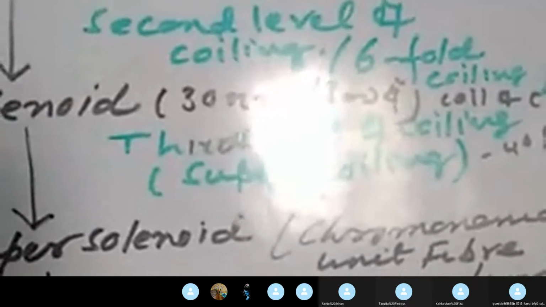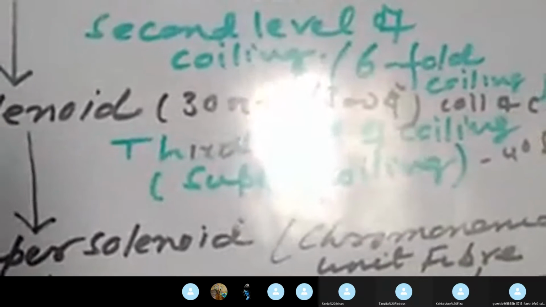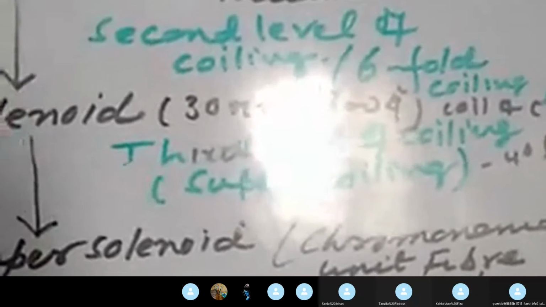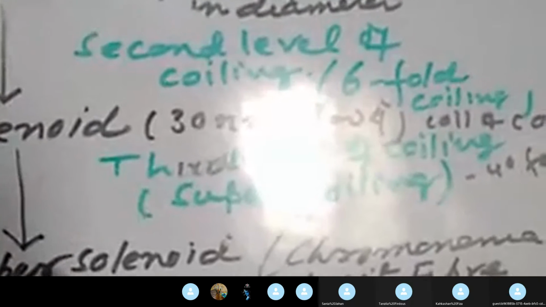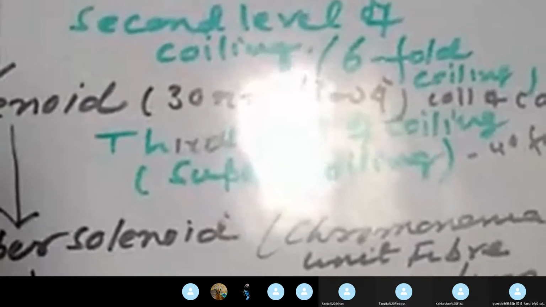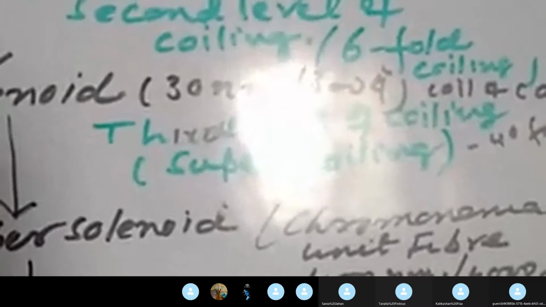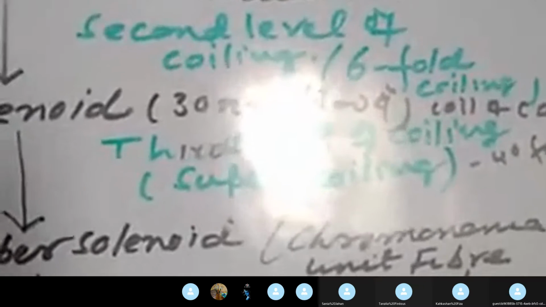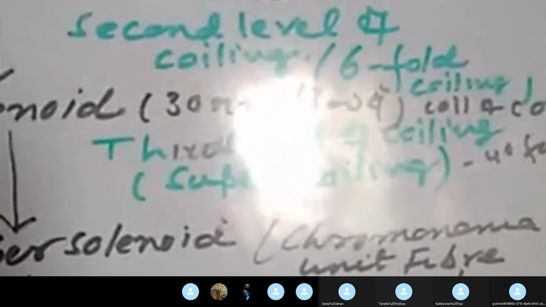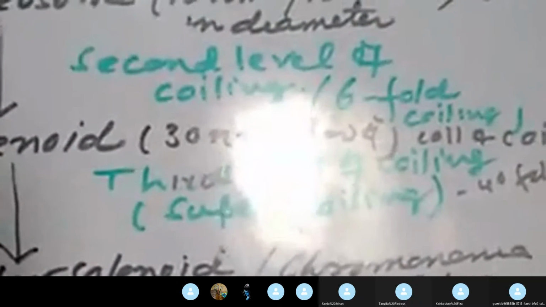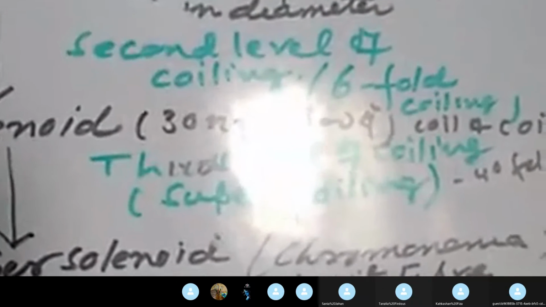So the first level of coiling leads to the formation of the nucleosome. The second level of coiling leads to the formation of the solenoid. The third level of coiling leads to the formation of the super solenoid, and the final level of coiling leads to the formation of the chromatid and chromosome. As the level of coiling increases from the first step to the final step, the diameter of the chromatin thread increases.